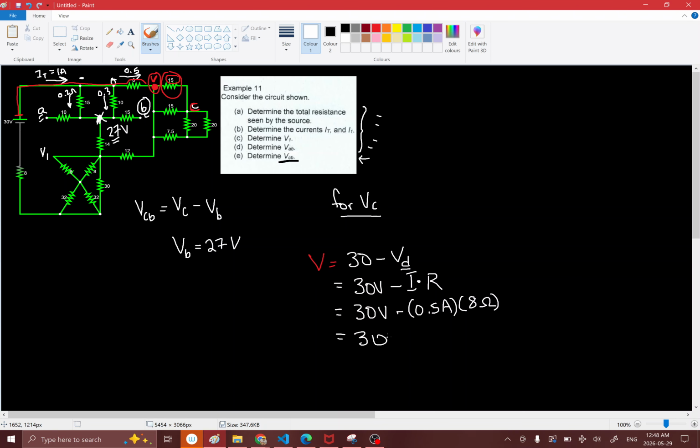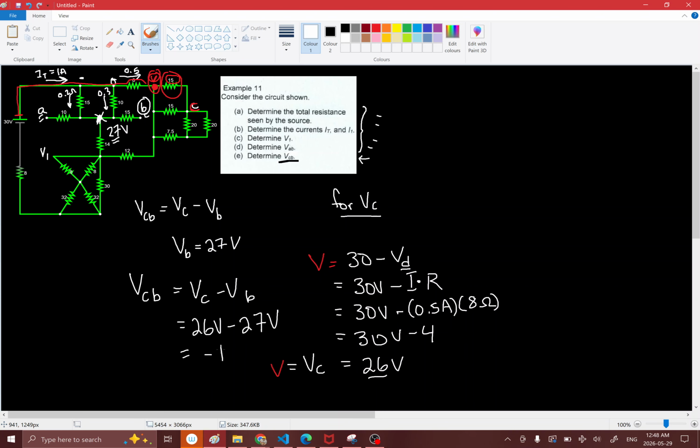So it's 30 volts minus 4, which is equal to 26 volts. Okay, so VC, which is equal to that red voltage up here, is 26 volts. And so VCB, which is equal to VC minus VB, is equal to 26 volts minus 27 volts, and that's just equal to -1 volt.